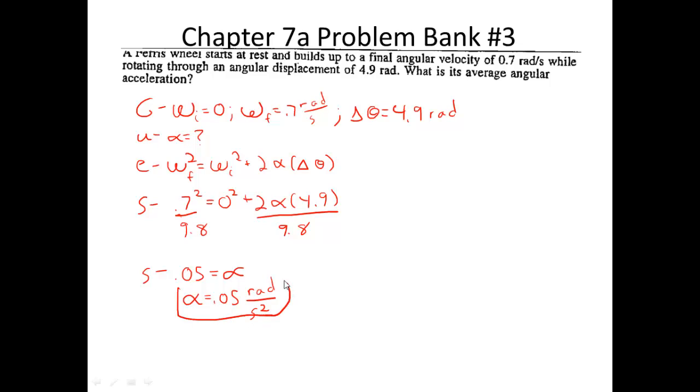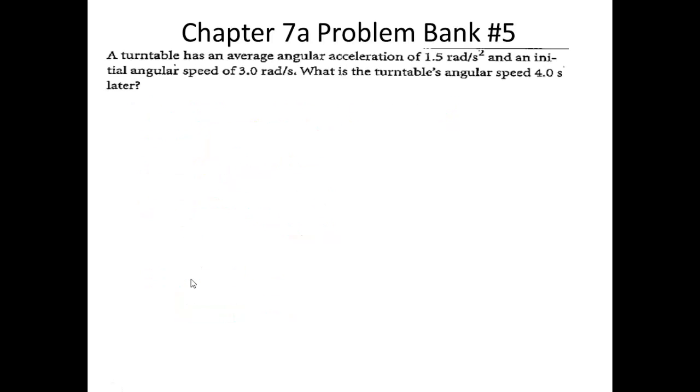Number 5: a turntable has an average angular acceleration of 1.5 radians per second squared and an initial angular speed of 3.0 radians per second.